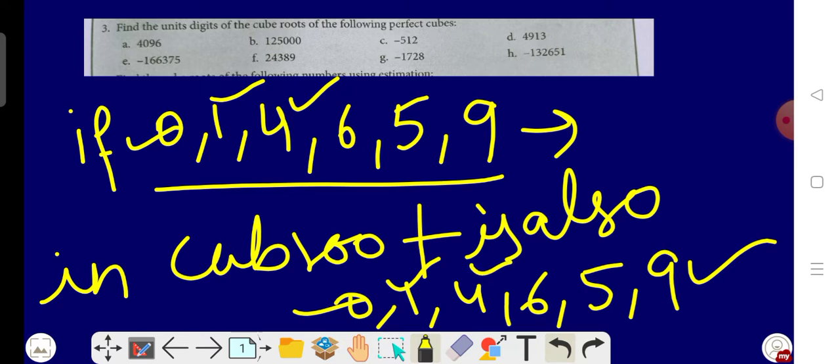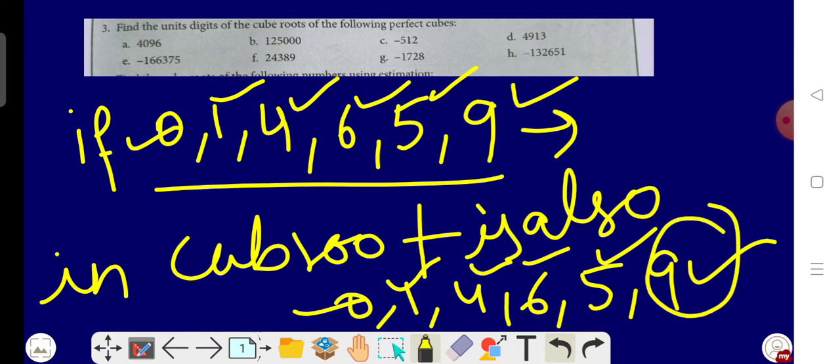As like 0, 1, 4, if a number has unit place digit 6, then the unit place digit in the cube root is also 6. If the digit at unit place is 5, then the unit place digit in the cube root of that number is also 5. If the digit at unit place in the number is 9, then the unit place digit in the cube root of the number is also 9.